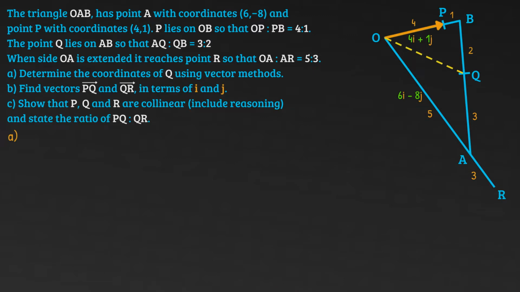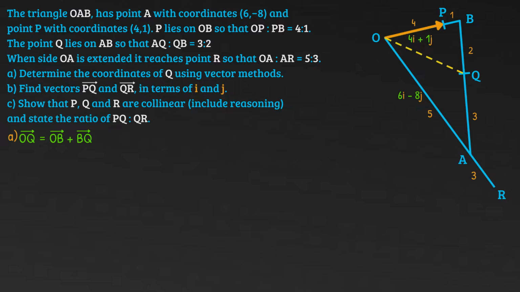Well, you can see from the diagram that OQ is going to be equal to OB plus BQ, but we don't know OB or BQ yet, so we'll have to find those first. Well, if we look at OB, we can see that it's split up into the ratio 4 to 1, which is the same as saying it's split up into 5 sections of equal length.